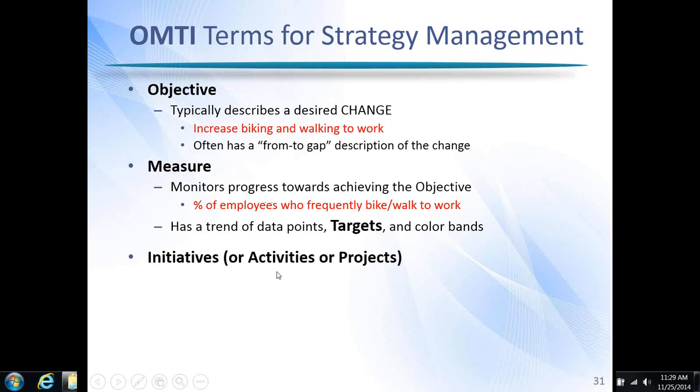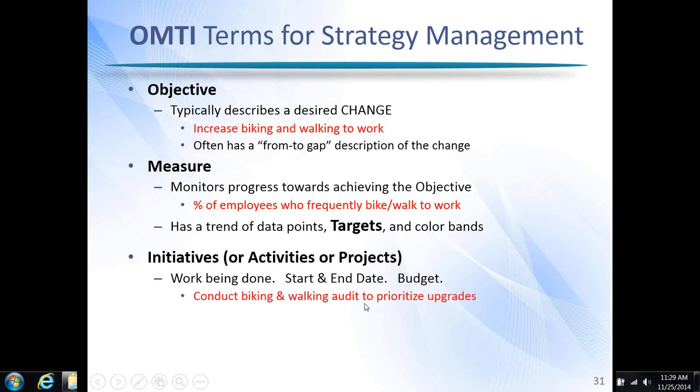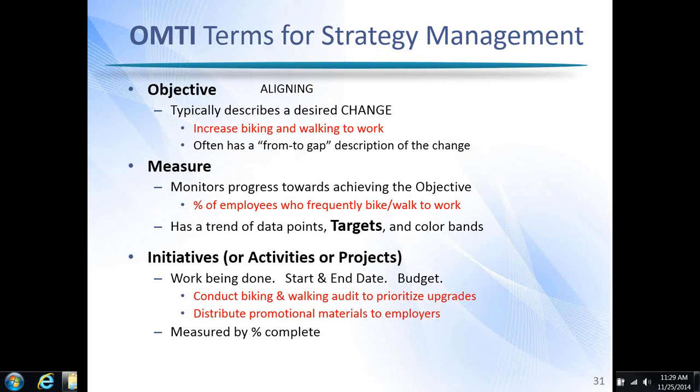Then you don't do objectives and you don't do measures. What you do are initiatives or activities or projects. And these are where different organizations identify the work that needs to be done. Here you have start dates and end dates, something like conduct biking and walking audits to prioritize upgrades or distribute promotional material to employers. These you can actually measure by % complete. You can have, again, start dates and end dates, and here's where different organizations should be held accountable for doing their piece that they're committing to.